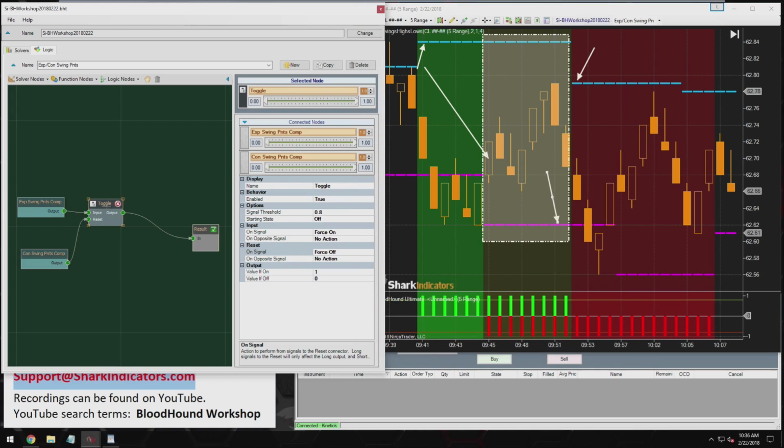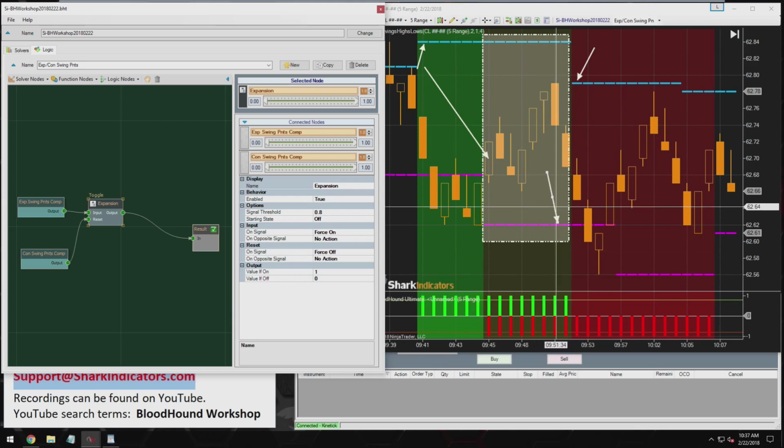So this toggle node, we can rename it to expansion. That's what this toggle node is identifying for us: expansion of the swings. Now, the next step is to isolate the bars that have a long and a short output at the same time.